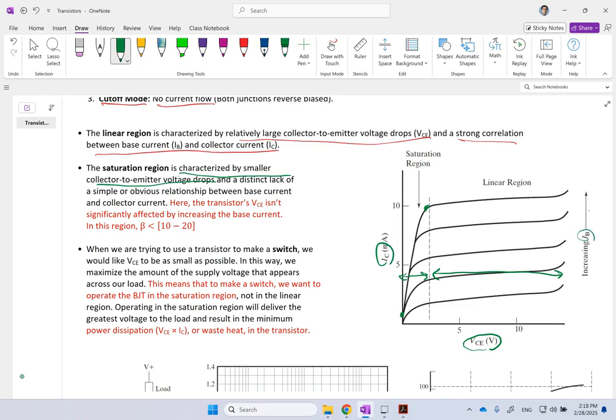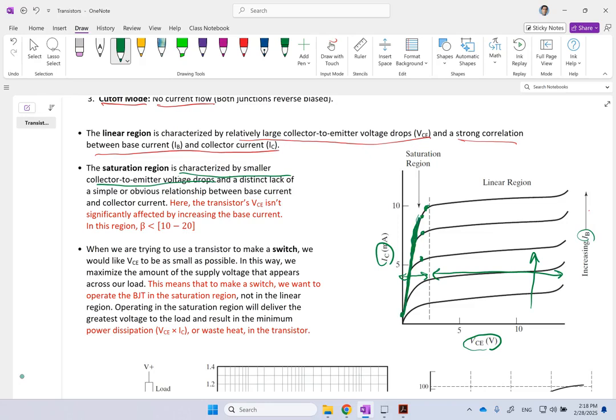Also, the relation between IC and IB is not that clear. You see here again, bigger IB means bigger IC, right? But here, that's not the case. Although when not deep into the saturation region, bigger IB means bigger IC, at some point all of these curves will merge into a single line, which is this line.